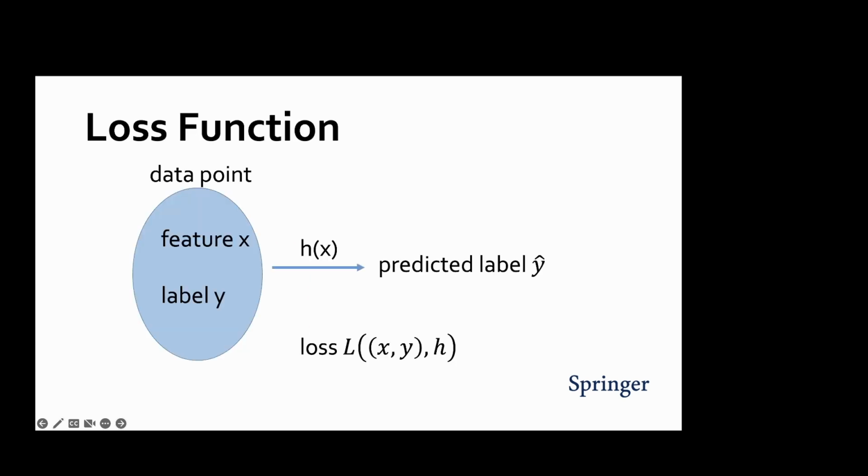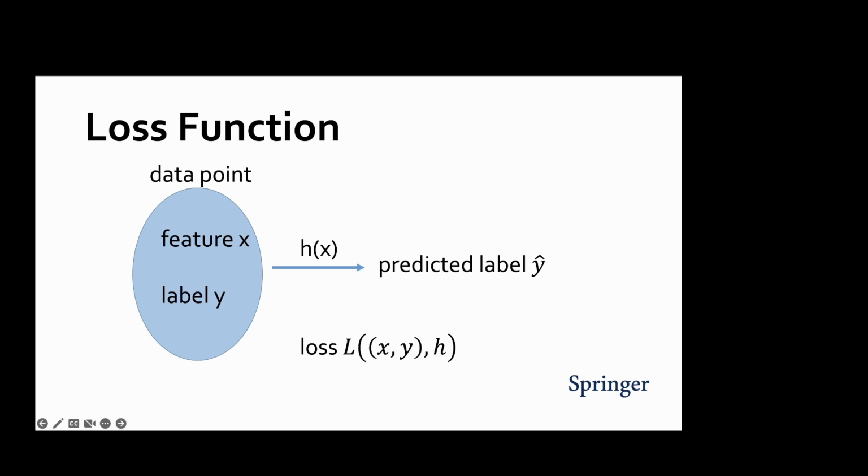In its most general form, a loss function is an assignment of a real number, typically non-negative, to a pair consisting of a data point and a hypothesis. The data point is characterized by features x and a true label y. We apply the hypothesis to the features of the data point to obtain a prediction y hat for its label.